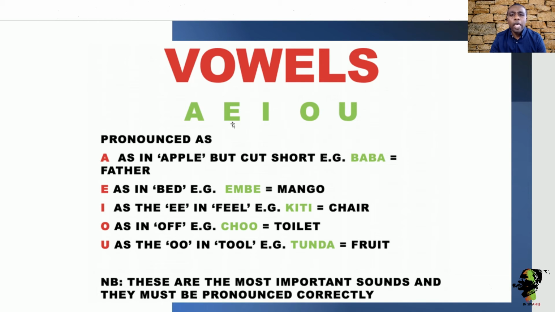A, E, I, O, U. Let's practice that together. Are you ready? Have you cleared your throat? Let's go for it. A, E, I, O, U. Let's do that again. A, E, I, O, U. Brilliant. Well done.